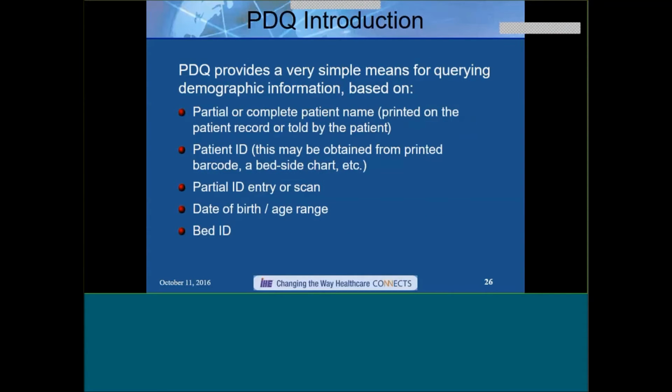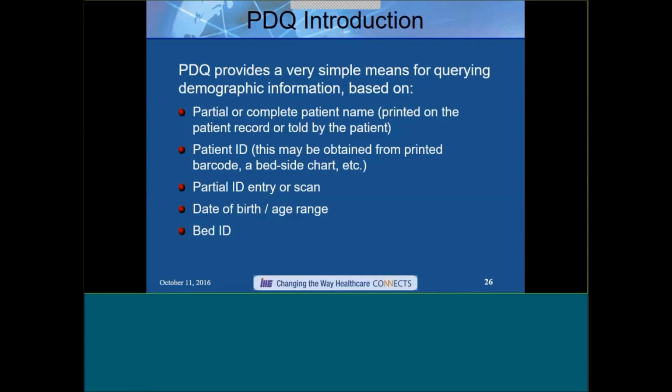All right, so PDQ provides a very simple means for querying demographic information based on what you know about a patient. It could be a partial or complete patient name, perhaps printed on the patient's record or spoken by the patient. It could be the patient ID obtained from a printed barcode or a bedside chart. It could be a partial ID entry or scan, a date of birth, or a location.